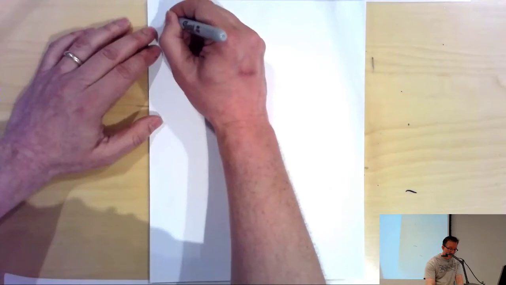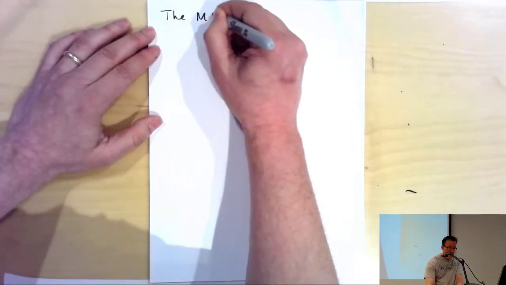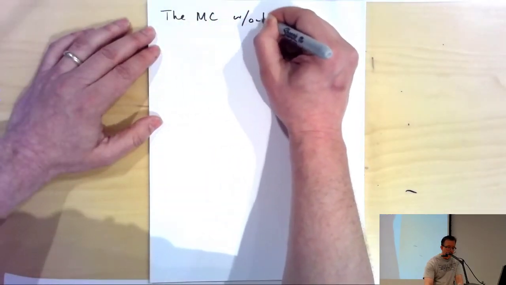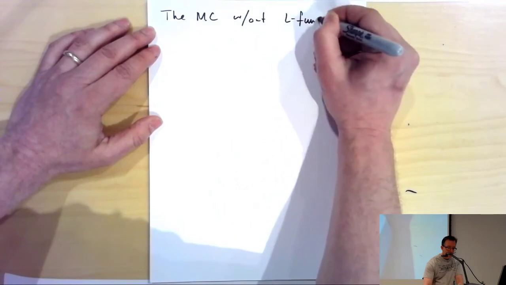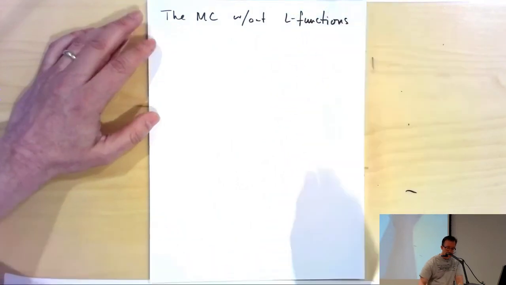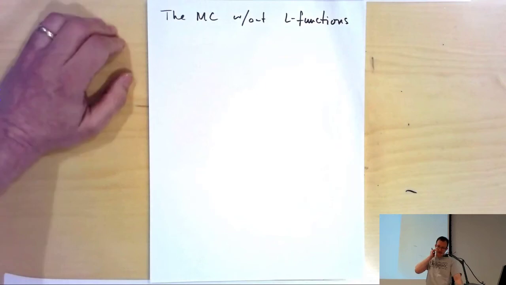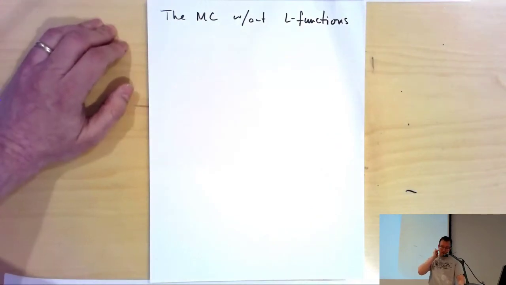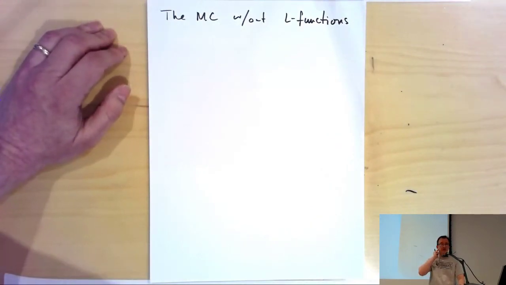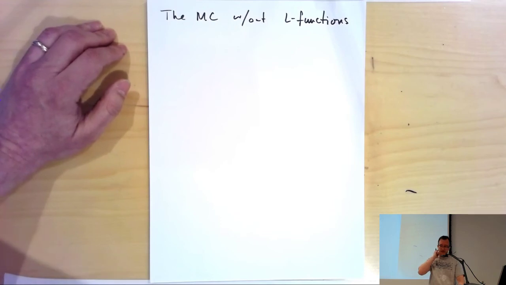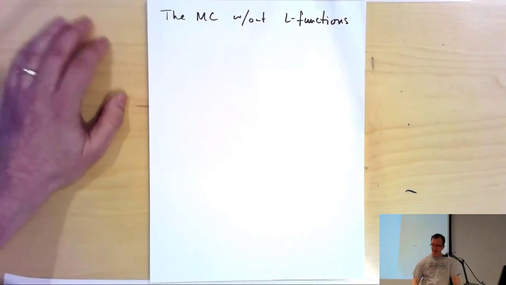So there's a main conjecture without L functions. And I wanted to talk about this because I have the challenge now of writing down a 4-term exact sequence up here, and so I'm going to write an exact column.